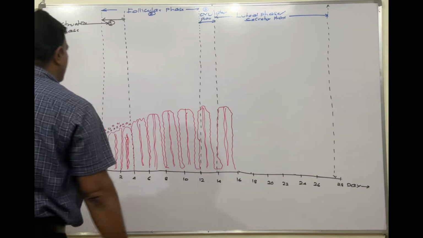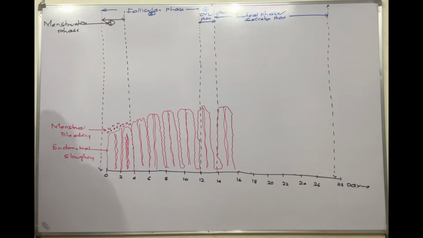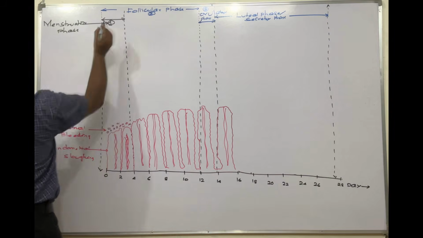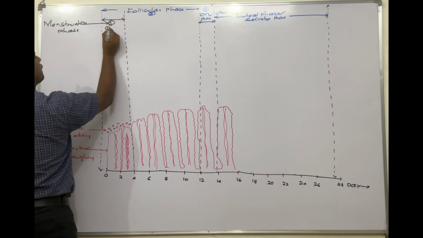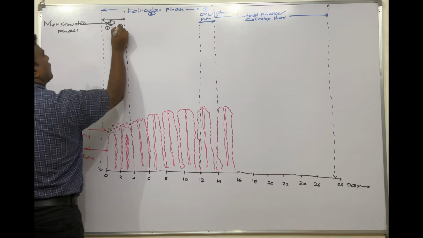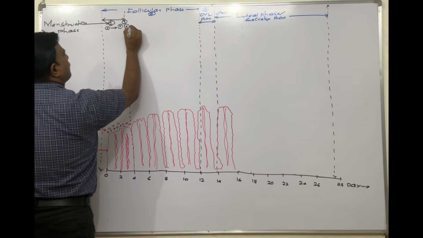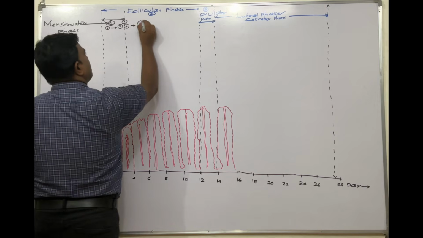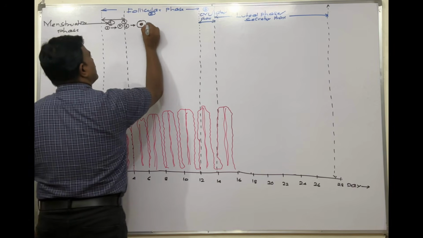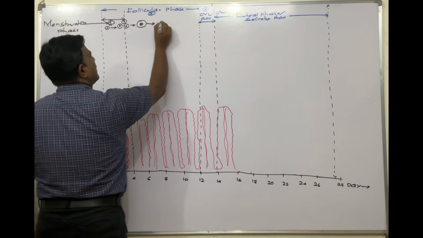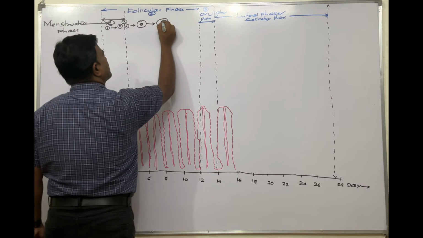Let's see. Now come back to the ovary, how the ovary is showing. During the menstruation phase, the primordial follicles have already started growing. Some atresia is also going on. Yes, antral follicles are formed. Now a big size follicle is formed. Some are undergoing degeneration, and a dominant follicle is formed.